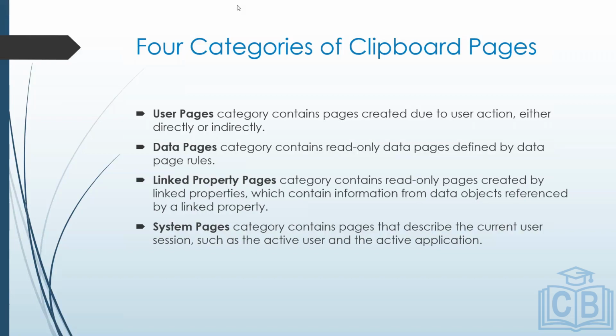According to what kind of data you are looking at, you need to choose the respective clipboard category. If I want to look at system related information, I should check only the system pages. There is no point checking in the user pages category because it doesn't have any information related to the system. We should clearly know which category holds what kind of data.